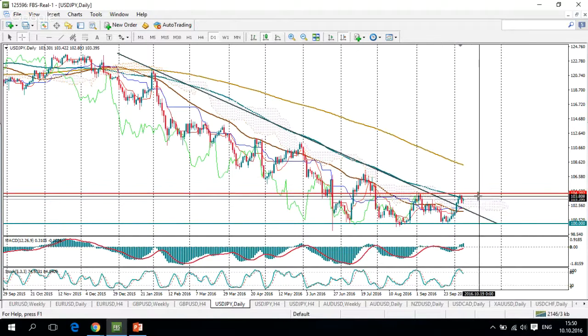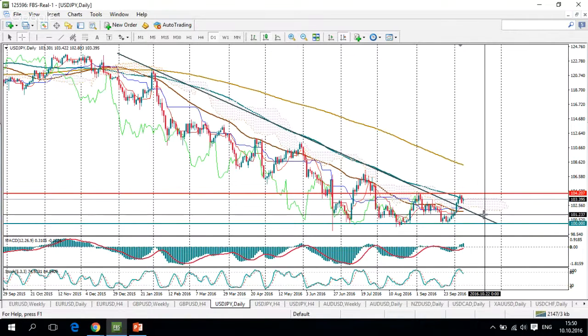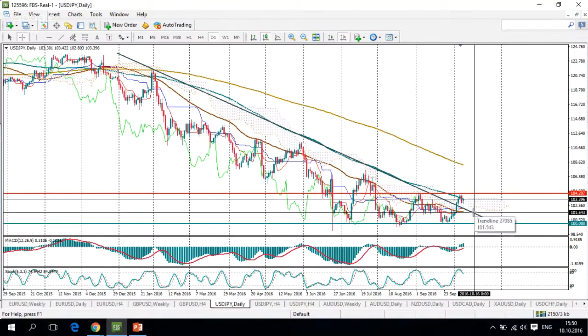And of course, US dollar can strengthen on the expectations of US rate hike in December, but this growth won't be as rapid as it would have been if Japan was successfully easing policy, if the monetary policy of the Bank of Japan hadn't been already that loose, and if the regulator really had opportunity to act in this field.